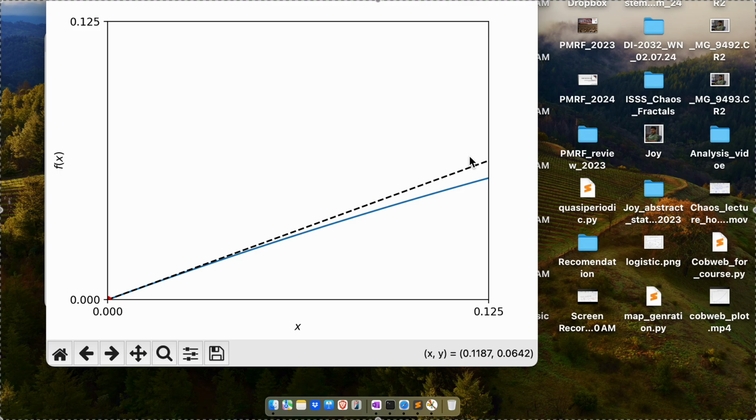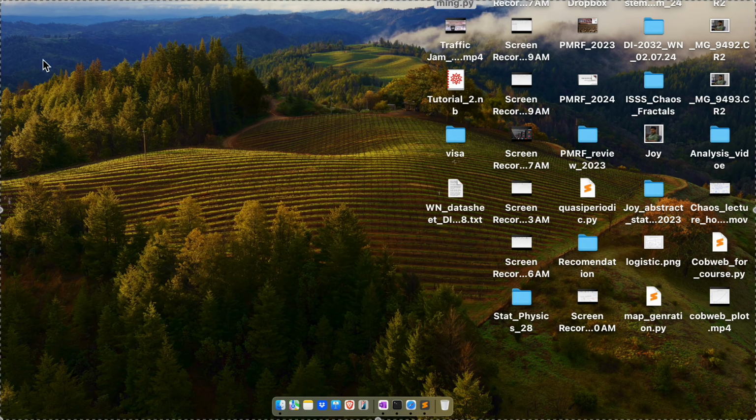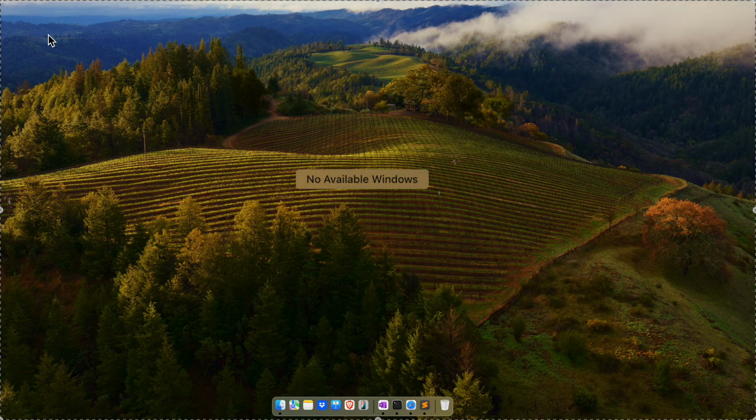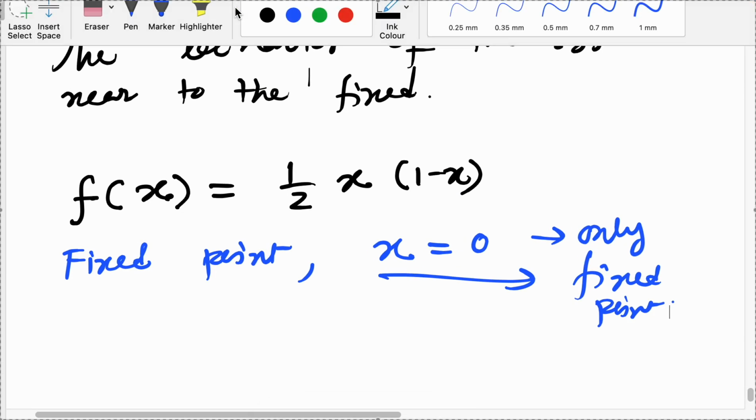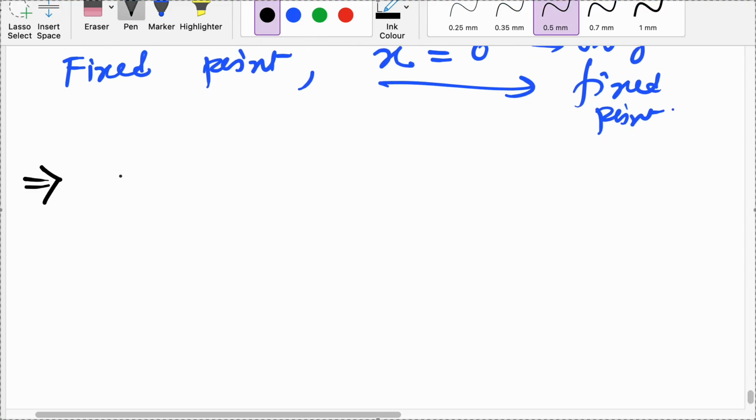So that means yes, it is possible that from a linear or affine map, we can approximately tell the behavior of a nonlinear map. So it is true basically.